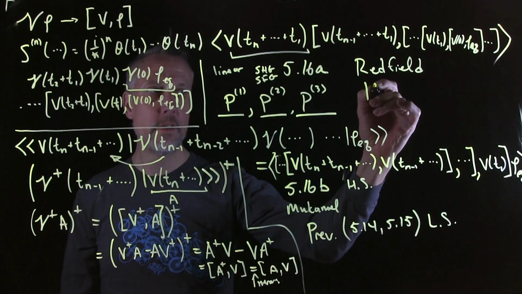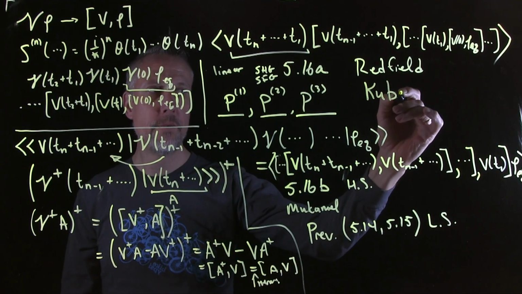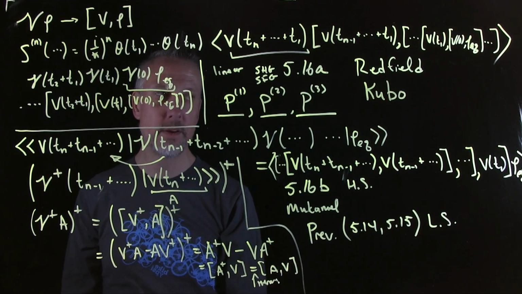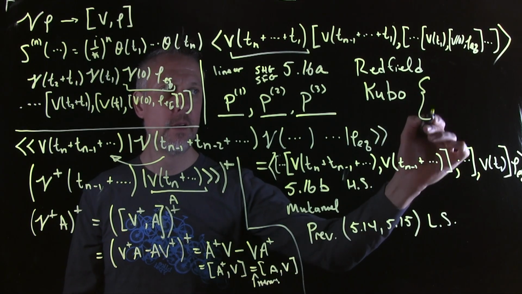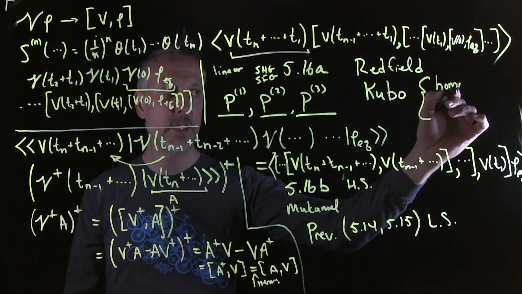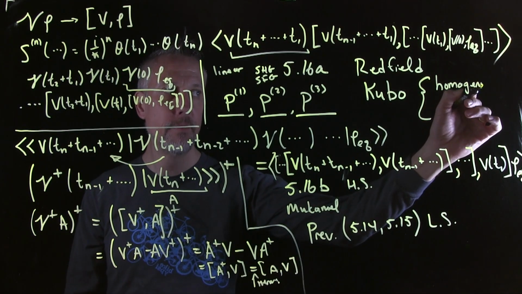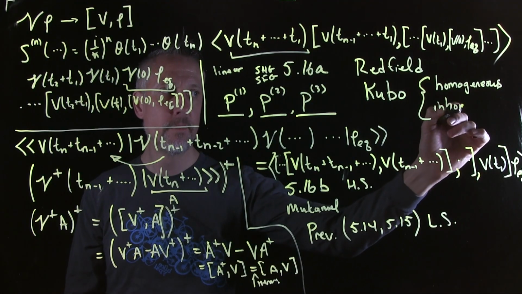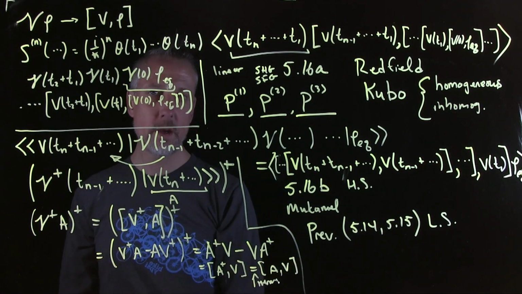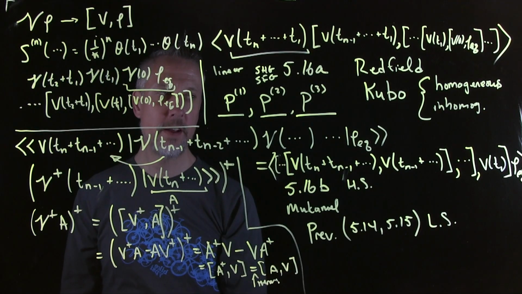And to do that, we're going to develop what's called the Kubo model, the Kubo line shape model. And that's going to allow us to classify the nature of spectral broadening into two limits. One is the so-called homogeneous limit, and the other is the inhomogeneous limit.